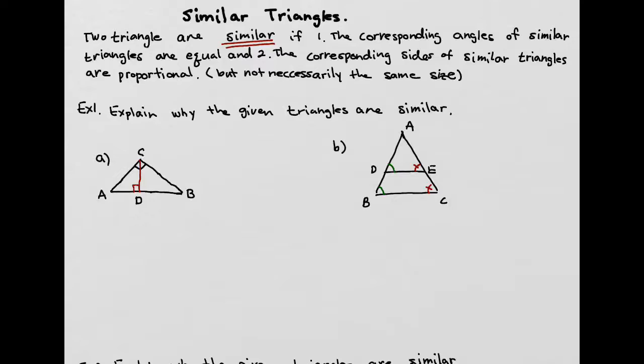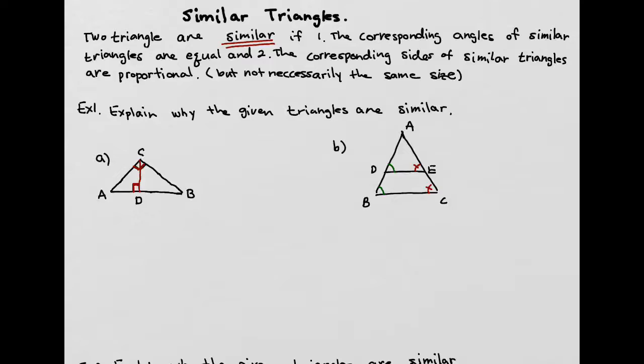The reason I say those two triangles, ABC versus ACD, are similar is, let's write down, one of the angles that you have is the right angle. So this angle right here is a right angle. This angle is a right angle.